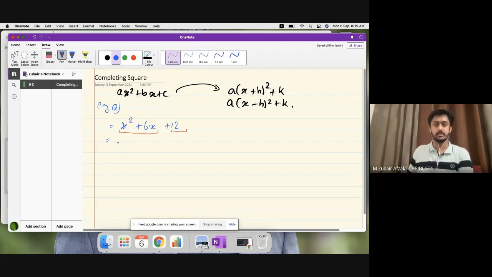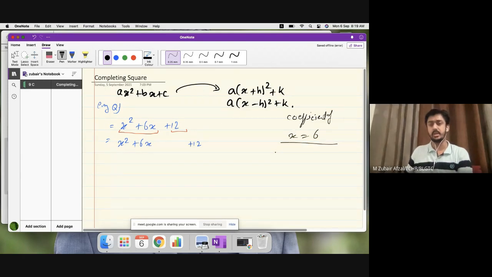So this becomes x square plus 6x, and when we leave space, what do we write here? We choose the coefficient of x, which is 6. The second step is take half of it. Half of it is 3.